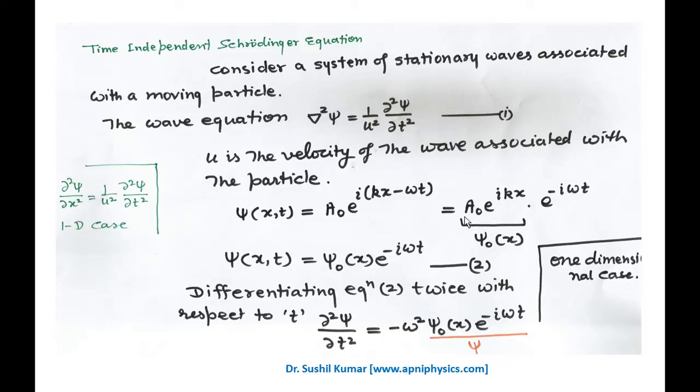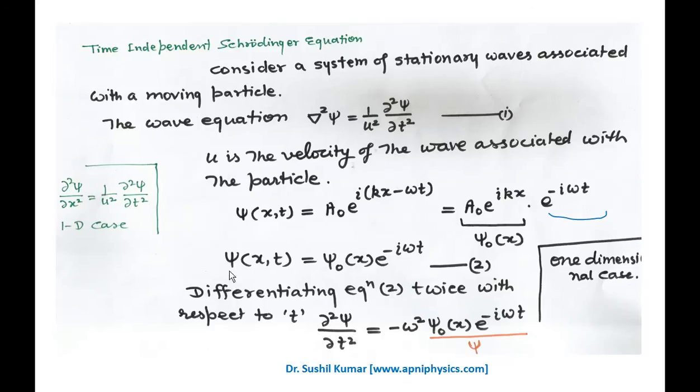So this combined form, a naught e to the i kx, is represented by psi naught, which is a function of x, and the remaining part is a function of t, the exponential term minus i omega t. So this is the product of two, one with the spatial coordinate and the second with time. So psi is a function of x and t, and this can be written as psi naught of x into e to the minus iota omega t.